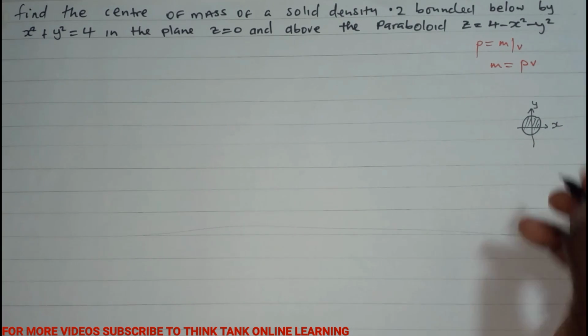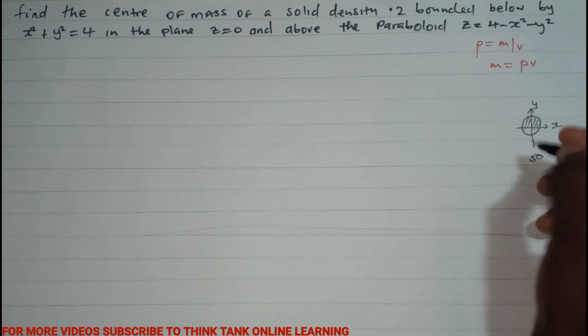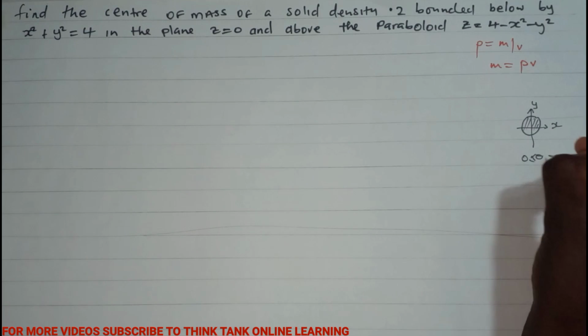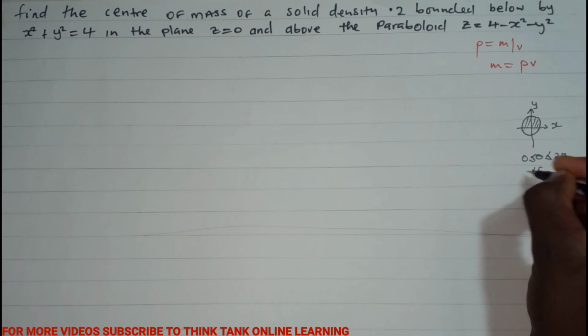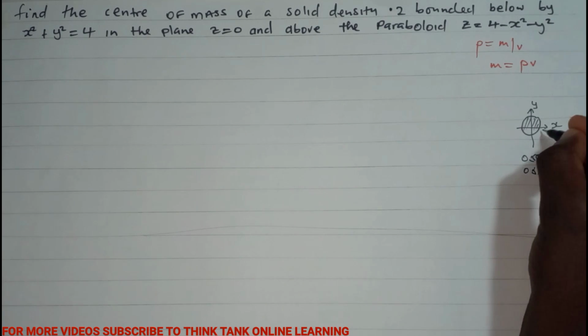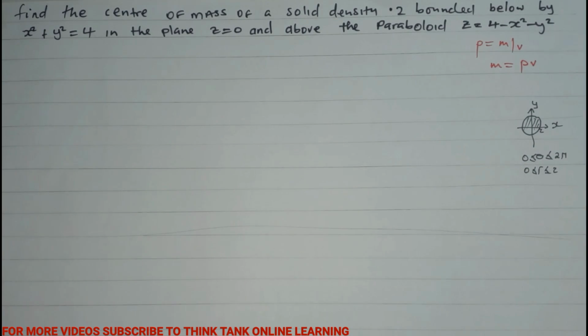That means theta, the angle that rotates around the z-axis, ranges from 0 to 2 pi. Then r, the radius, from 0 to 2. The reason I'm writing this is that this question needs a lot of space, so I'm trying to squeeze things so that everything will fit here.